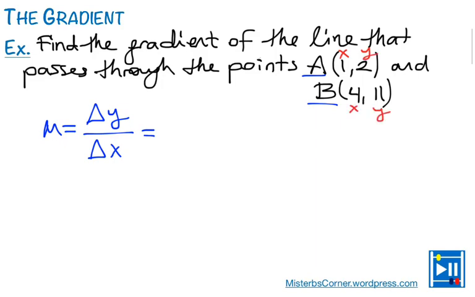So I'm going to find the difference in y values and write it as a change in y. So it's going to be 11 minus 2. And for the change in x, it's going to be 4 minus 1. I'm going to end up with 11 minus 2 is 9, 4 minus 1 is 3. So the gradient is 3.